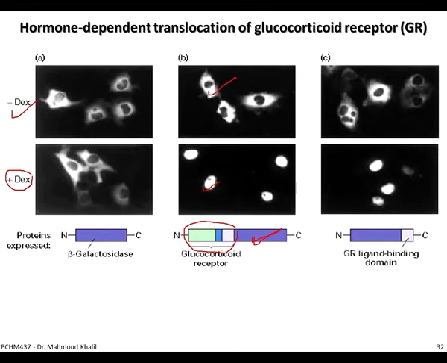Once the ligand binding domain binds to the ligand or the steroid hormone, it will move inside the nucleus. You can see here the nucleus is bright in the presence of DEX, while in the absence of the hormone, this ligand binding domain exists in the cytoplasm.